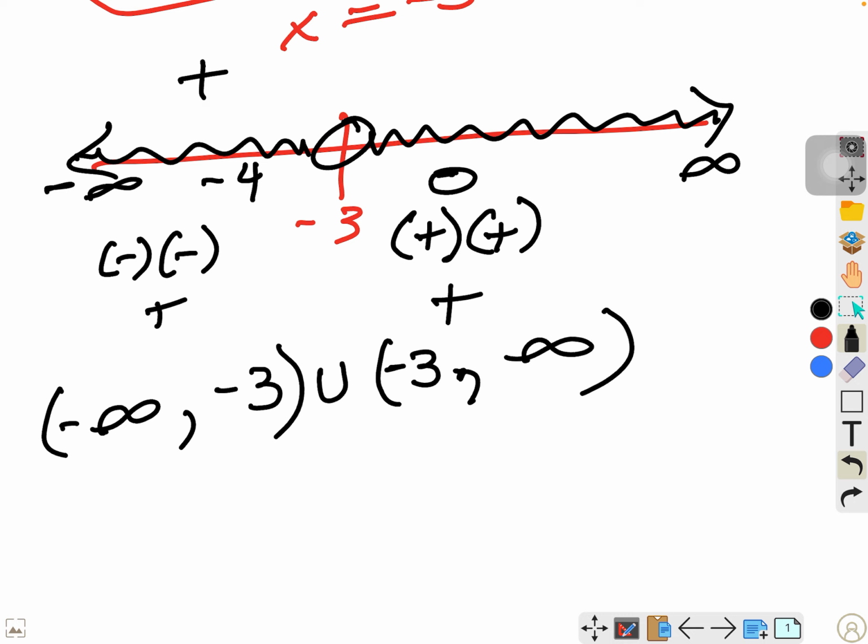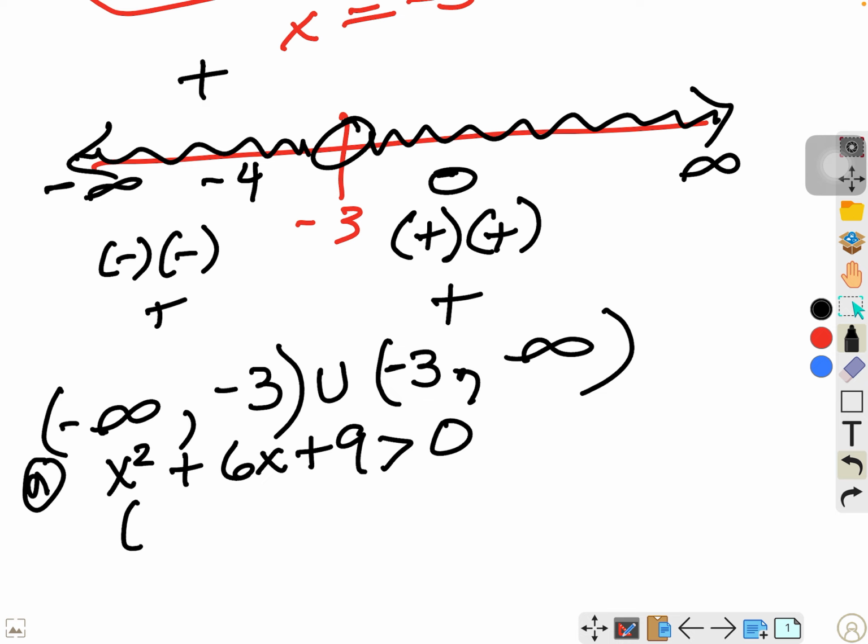Okay, so that's our interval notation. That came from part A, x squared plus 6x plus 9 greater than 0. And this is a binomial square, and we factored it this way.